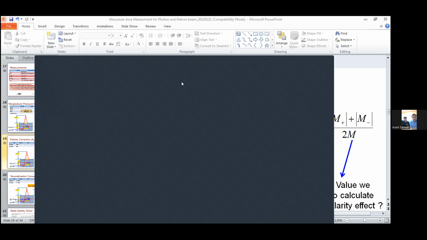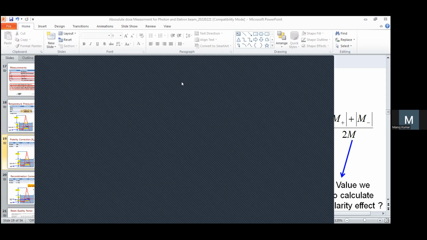I request that we continue this kind of activity with other topics like small field dosimetry, because we were lacking that. Mr. Talat, I was thinking of discussing cross calibration for electrons, especially because electron cross calibration is not very straightforward. It's really complicated, so it's good to have a discussion. I have a presentation ready already.